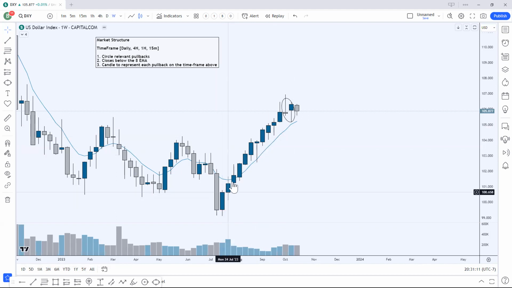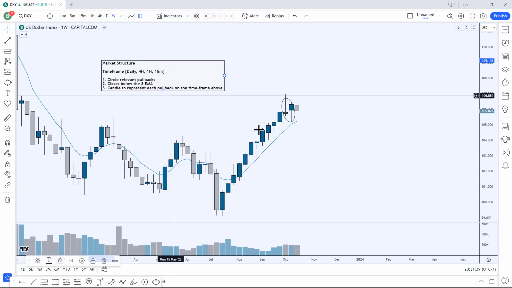Literally within this 12-week run inside the dollar here, we didn't see any valid daily pullbacks. Look at how big this wick is, and there's a lot of retracement, and the market's always going to move efficiently to some extent, but based off our rules, none of this is a valid daily pullback.